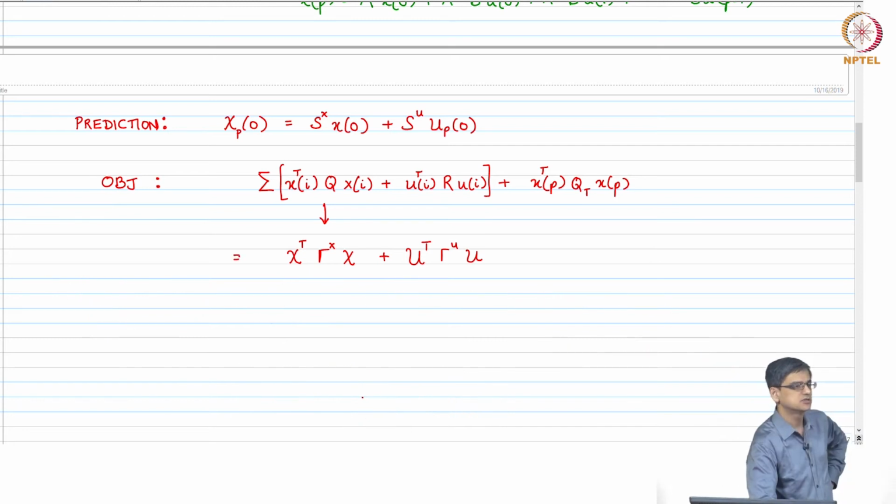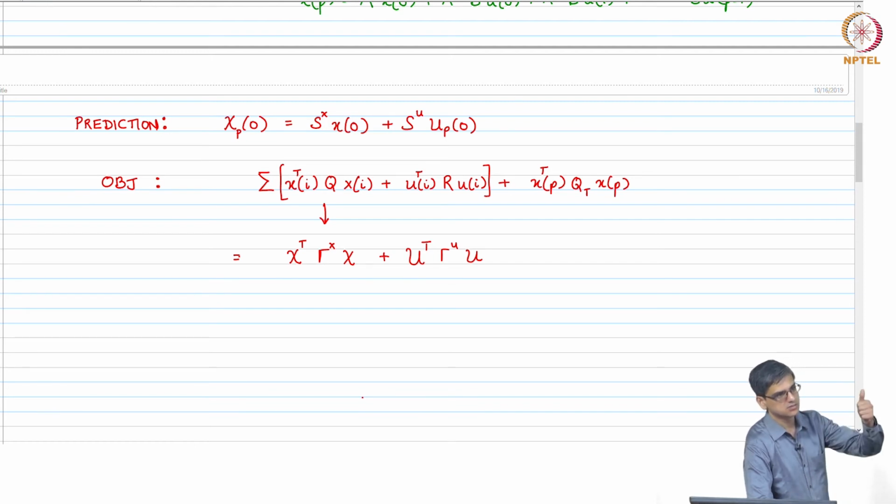Regulation means starting with any arbitrary x0, you determine the control action so that the system goes to origin in finite amount of time. That is the question that controllability and reachability answer, whether or not you can.